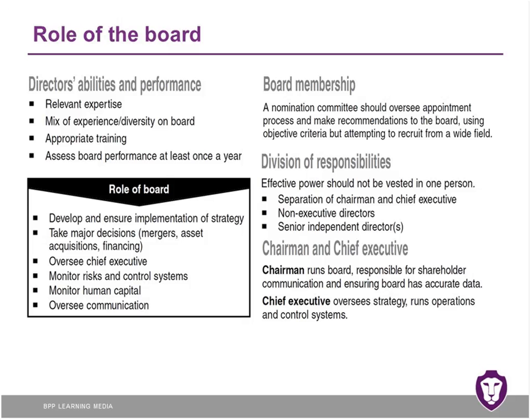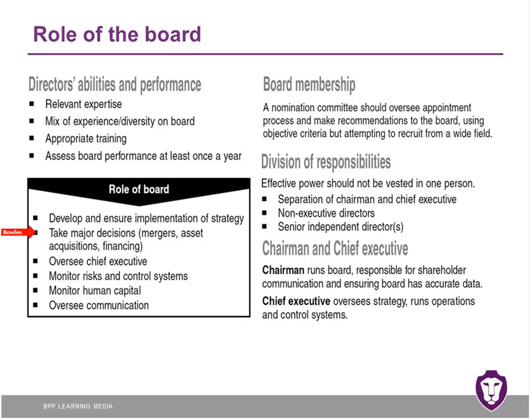You need to be clear about what the role of the board is, and most people forget that the principal role of a board of directors is to develop strategy. Obviously, most people think it's making decisions, but developing strategy is the basic fundamental role of the board. Once you've got a strategy, of course, then you can make some decisions.